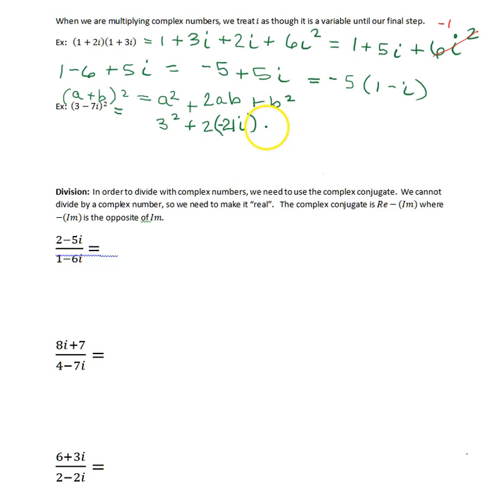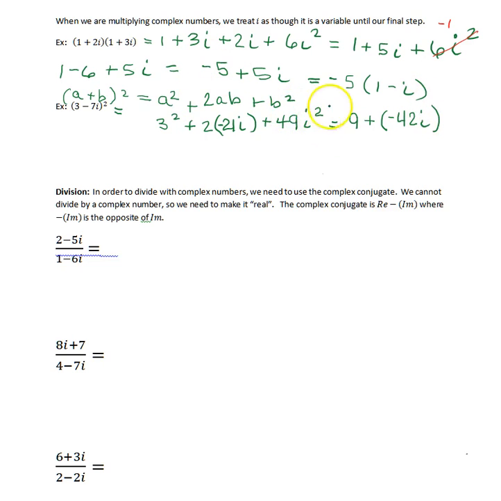And then I'm going to have my 49i squared. Alright, so now I'm going to work through some of this. I'm going to have a 9 plus a negative 42i.